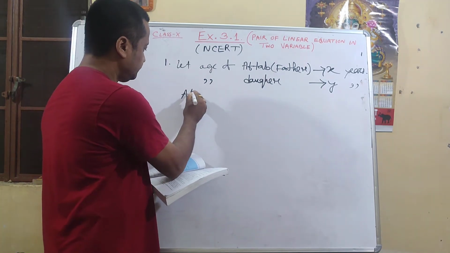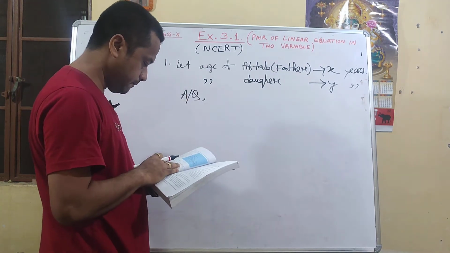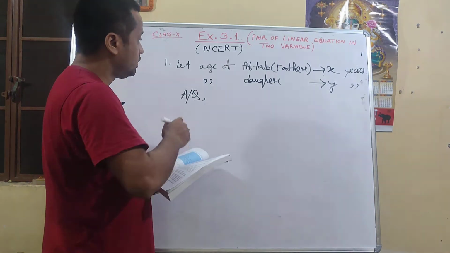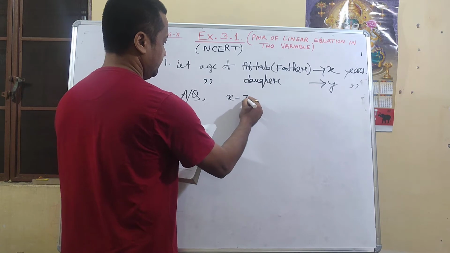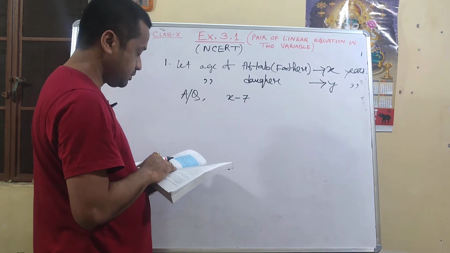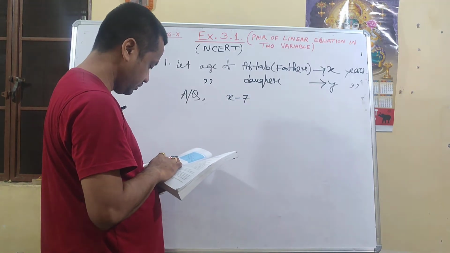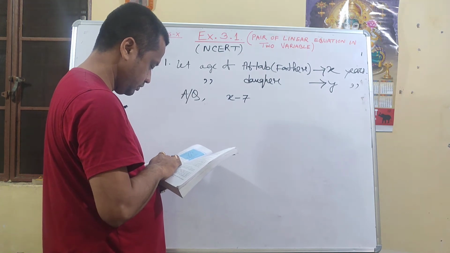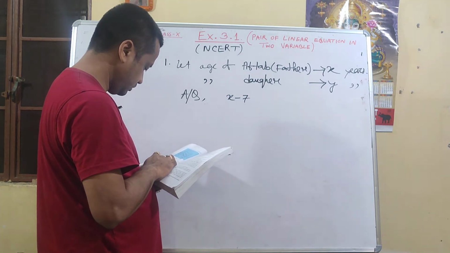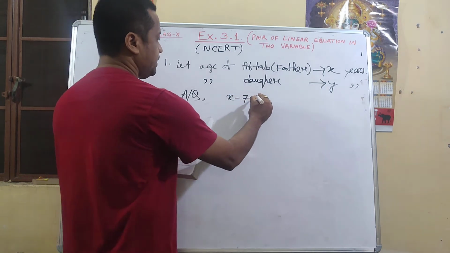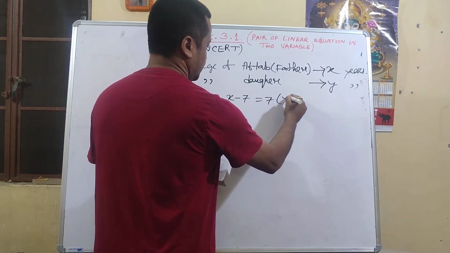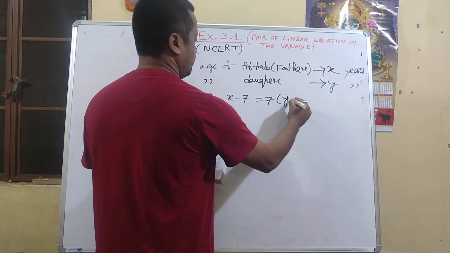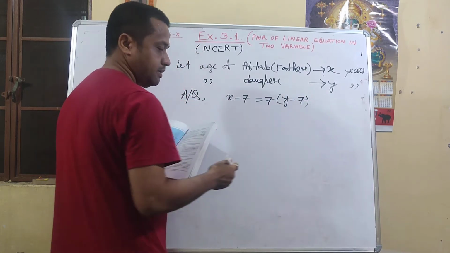According to the question, the first condition is 7 years ago. So 7 years ago father's age will be x minus 7, and it is 7 times the daughter's age. That is, 7 years ago daughter's age will be y minus 7.